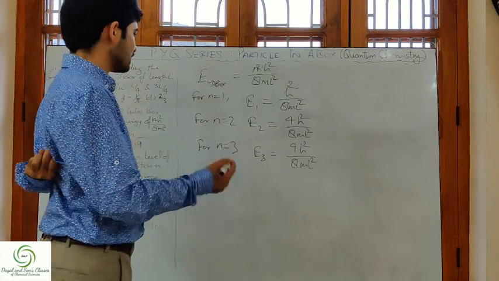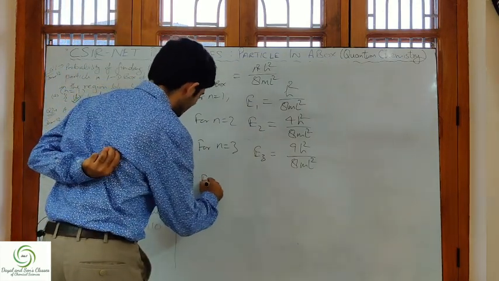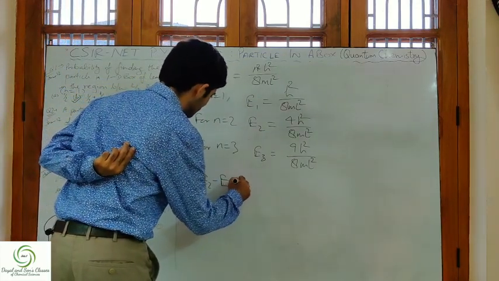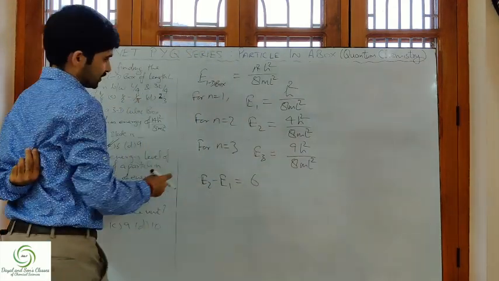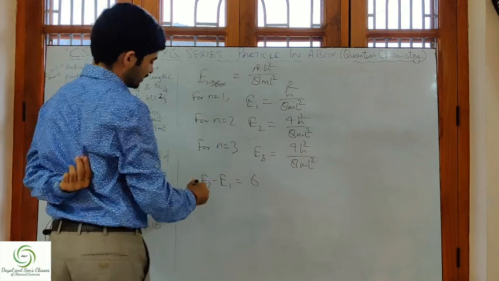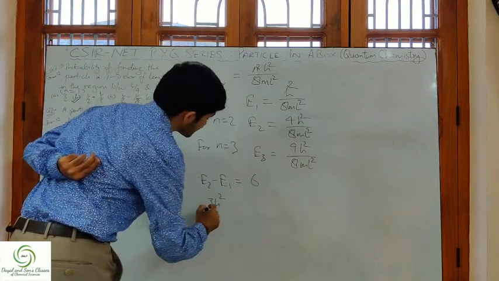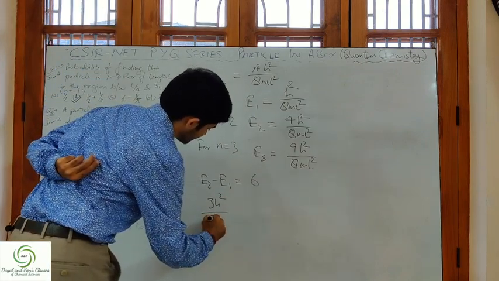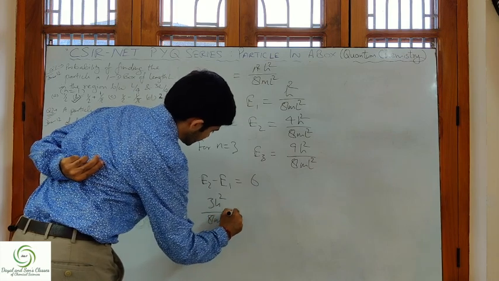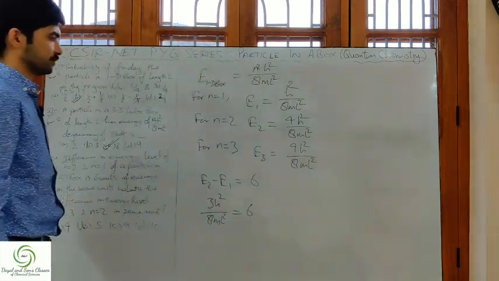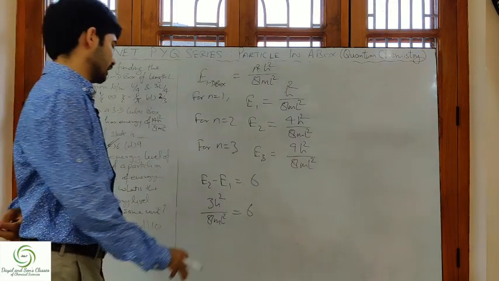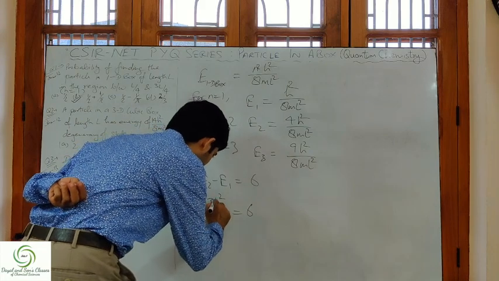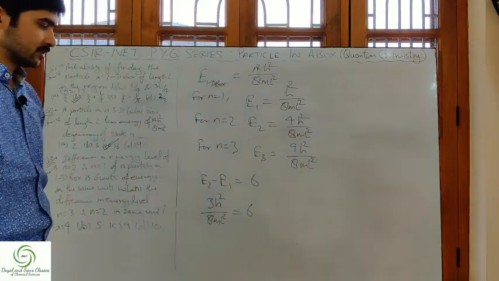Alright. Now we are given E2 minus E1 is equal to 6. Now let's put the values of E2 and E1 here. If we subtract E1 from E2, what I will get is 3h square upon 8 m L square equal to 6.